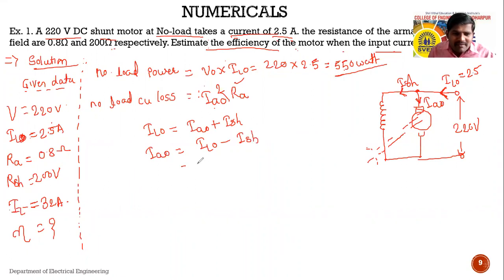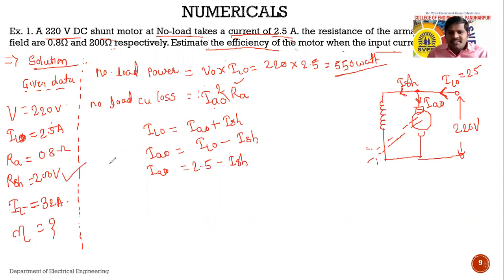You people have the value of IL0, that is 2.5. Do you have the value of Ish? No, sir. How can the Ish value be calculated? कशी calculate करता येईल? Esh divided by Rsh. Okay, you know the voltage across the field winding and you have the value of Rsh.